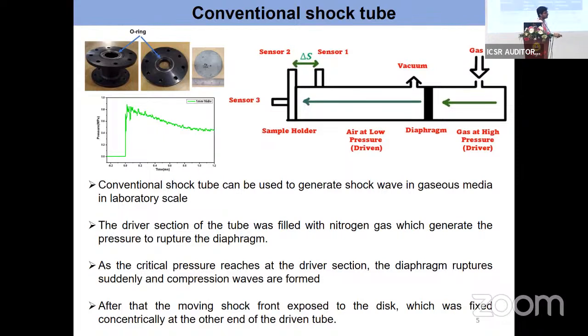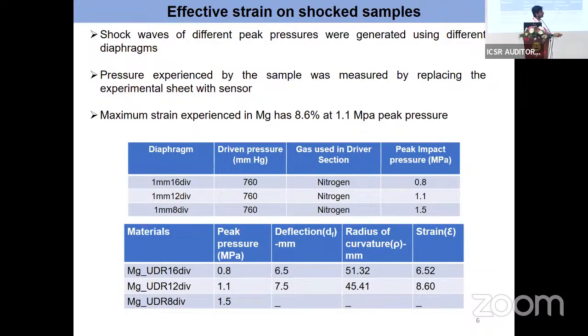I took three types of magnesium samples, and gave three different pressures. In the first case, I gave 0.8 megapascal peak pressure, in the second case 1.1 megapascal, and in the third case 1.5 megapascal. To achieve 0.8 megapascal, I used a 1 mm thick diaphragm with 16 divisions of grooving.